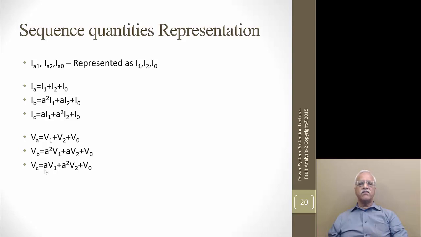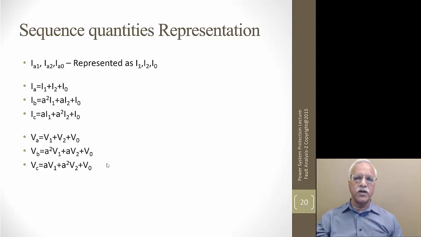So we just take out that subscript A. We can write that as I1, I2, and I0. Similarly, IA will be I1 plus I2 plus I0. IB will be A squared I1 plus A I2 plus I0. IC equals A I1 plus A squared I2 plus I0. And V equals V1 plus V2 plus V0.